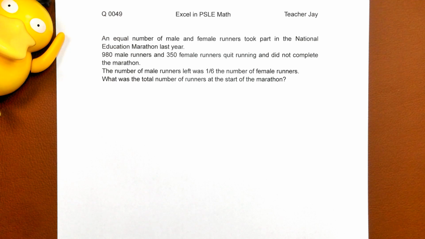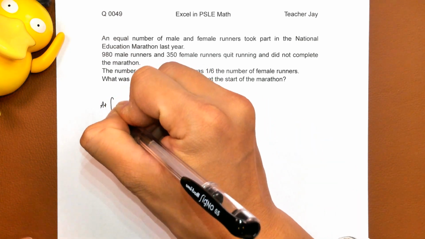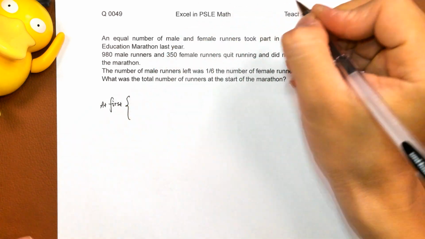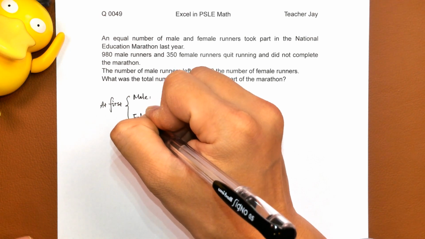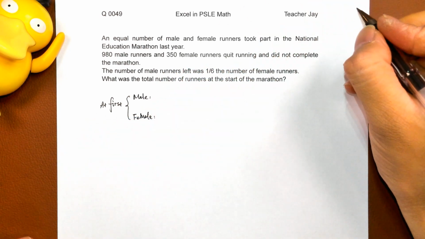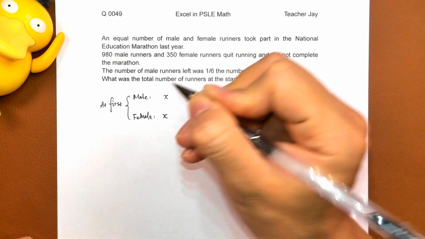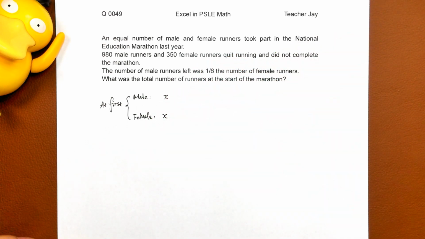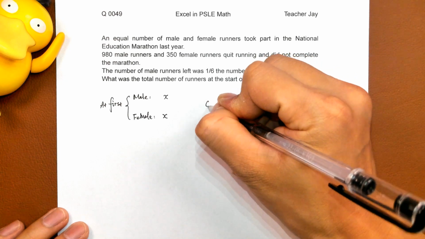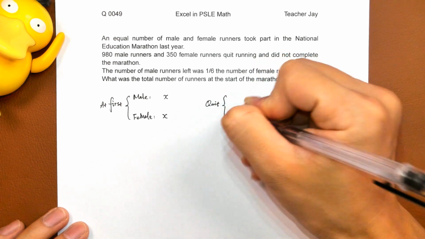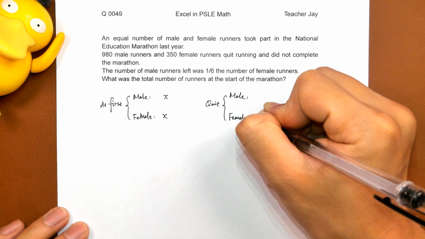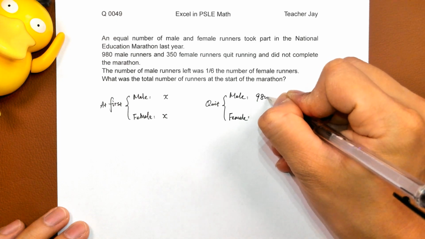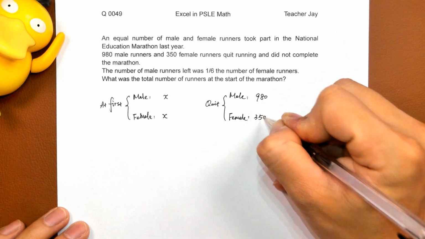OK，那么我们来看一下，在一开始的时候，他们的男女数量是一样的。那么我们可以设置 set the number of male runners and female runners at the start be x each. 退出的人 male and female，男性退出的是980，女性退出的是350.